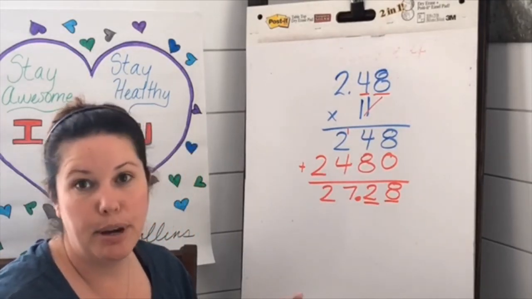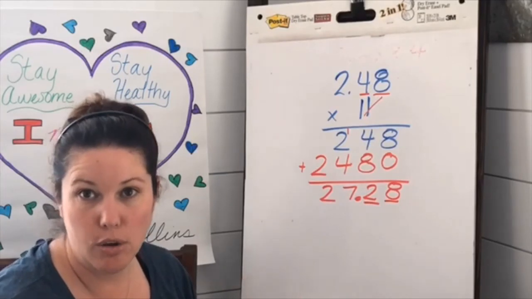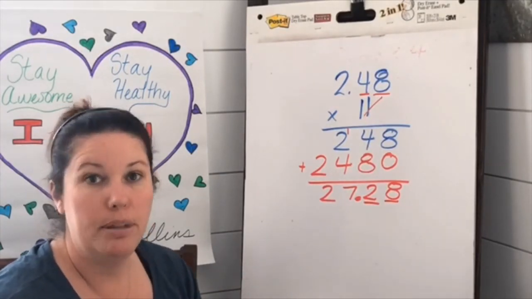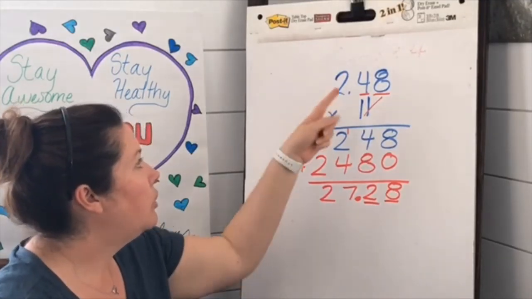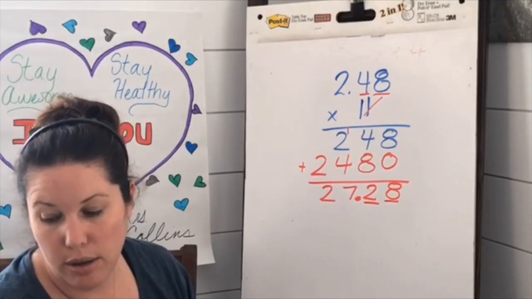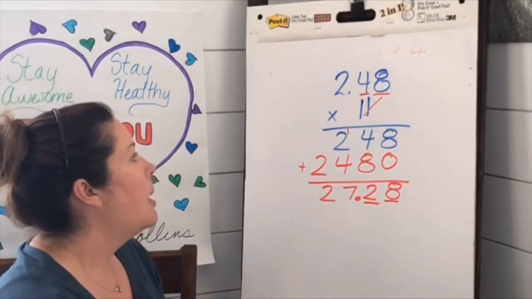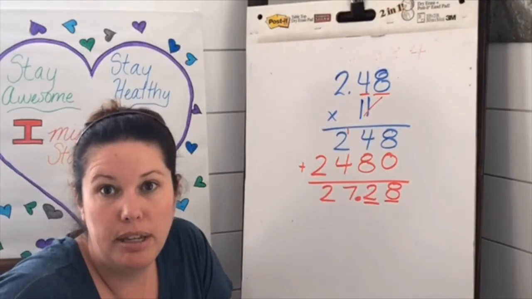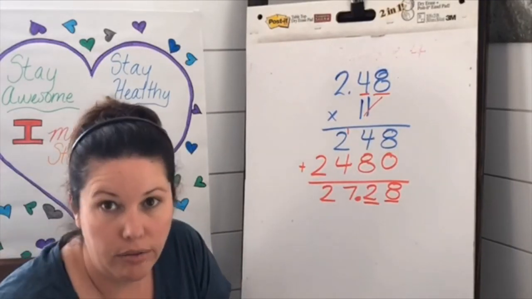So this is kind of breaking this up into parts that we know. So what we call that is a distributive property when we break it up into parts we know. So what we could do is we could take 2.48 centimeters, okay, and we're going to actually keep that the same. But I'm going to take 11 because I can break 11 up into 10 and 1, right?